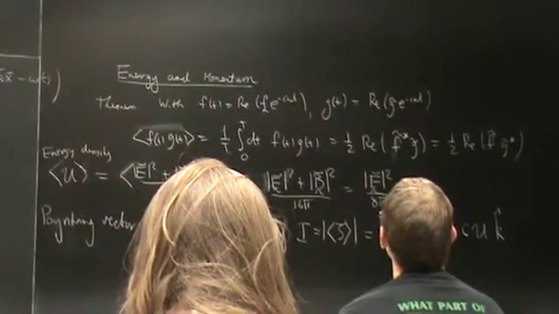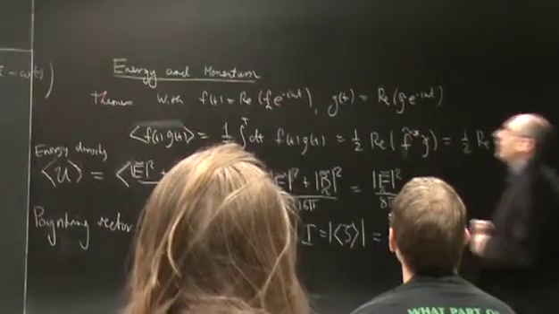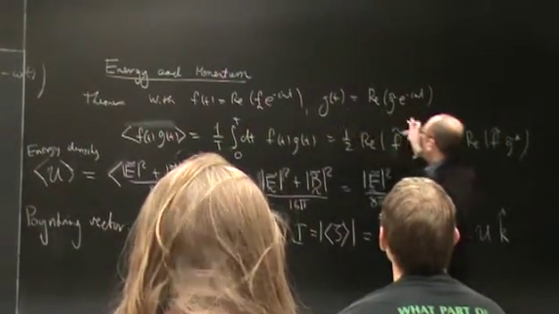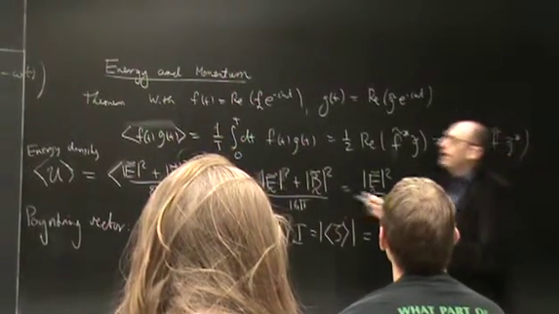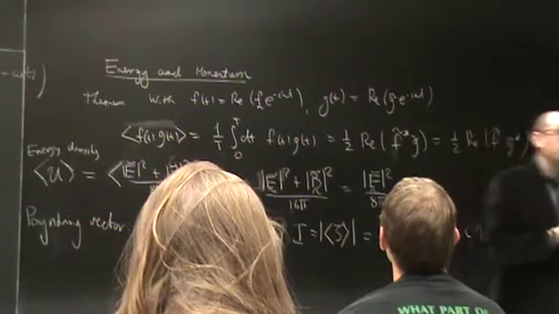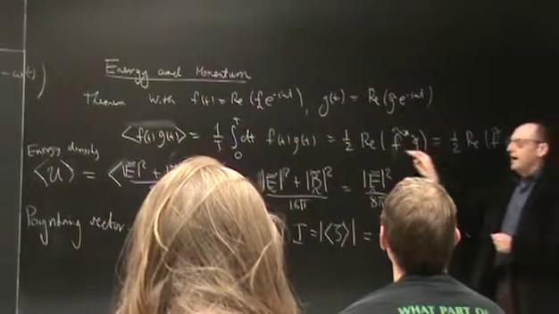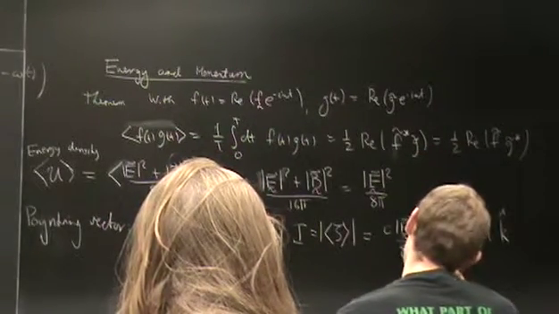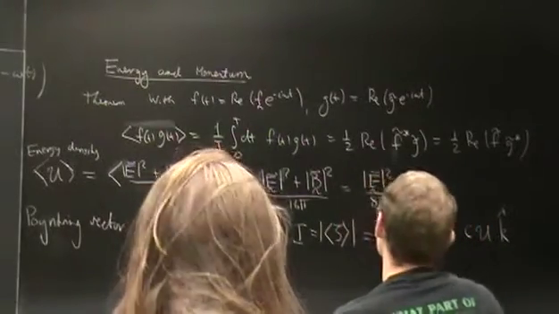To do that, we firstly reminded ourselves of a very useful theorem, which says that if I have two functions which are oscillating at a certain frequency, and I want to look at the time average of products of those functions, then I can easily just write that down in terms of the complex amplitudes of those functions. It's a very useful little expression.